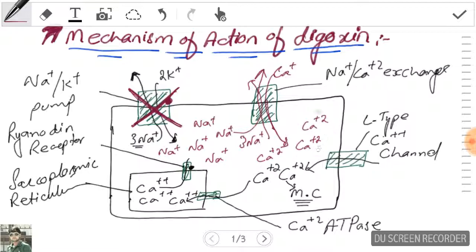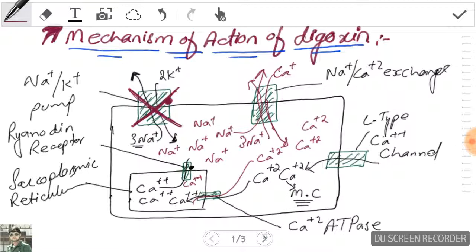As more and more calcium enters the cell, some of it enters into the sarcoplasmic reticulum and is stored there for muscle contraction, and the rest of the calcium will increase the contractility of the heart.